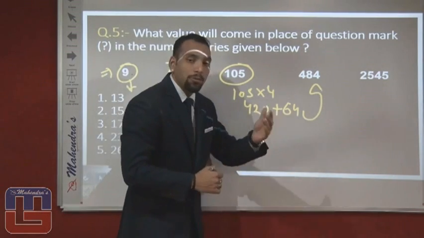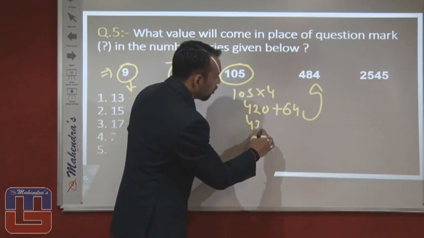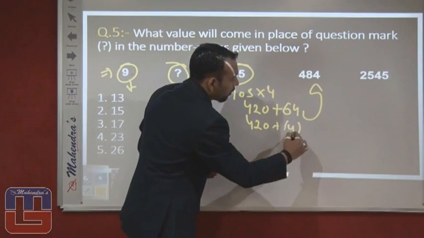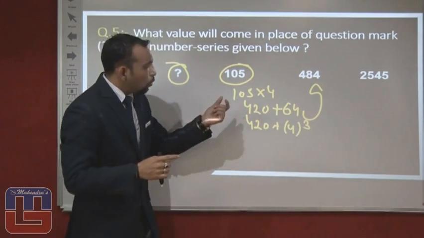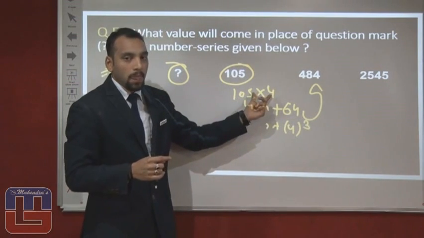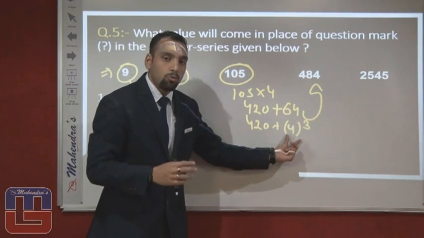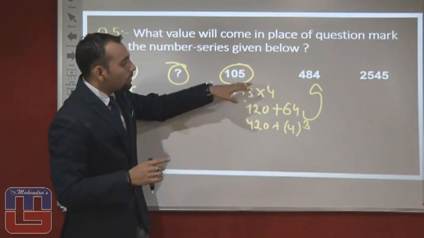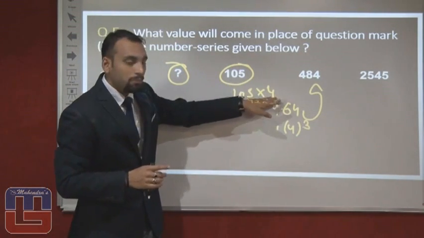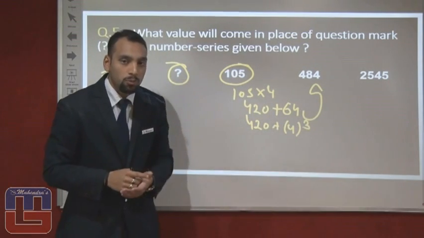So this 64 can be written as 4 cube. Now see the logic. 105 into 4, and we are adding the cube of the same number by which we are multiplying. That means 105 into 4, then add 4 cube.